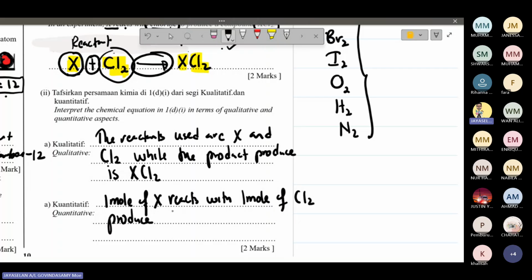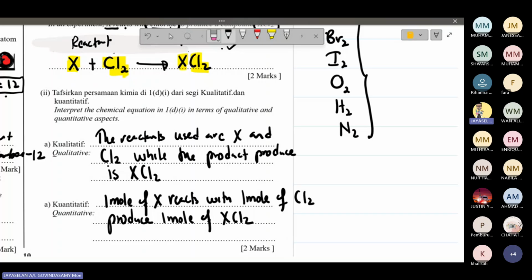Produce. There is no number in front, right? So you put produce 1 mole of XCl2. That's all. You guys already score full mark. 4 marks already scored. Any question?